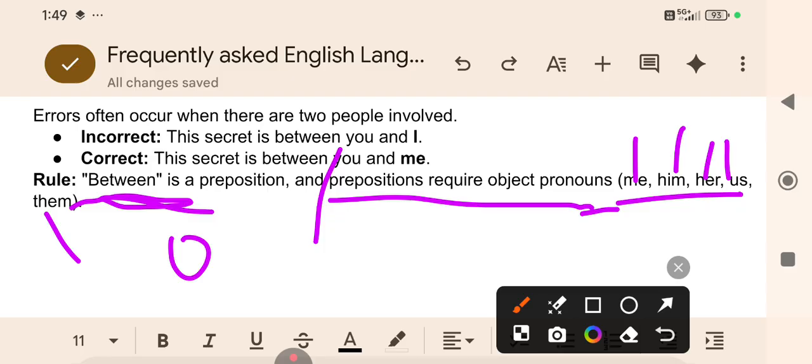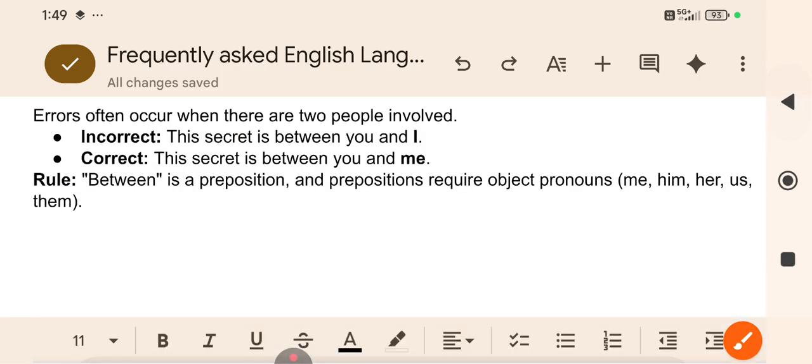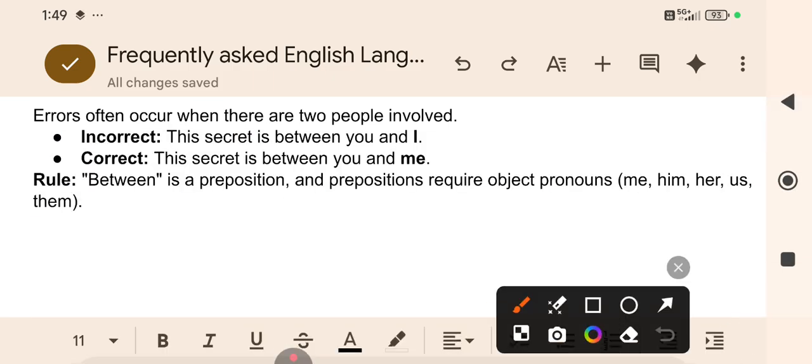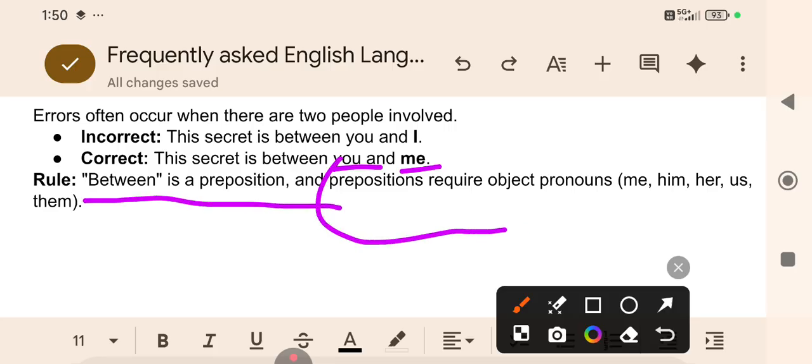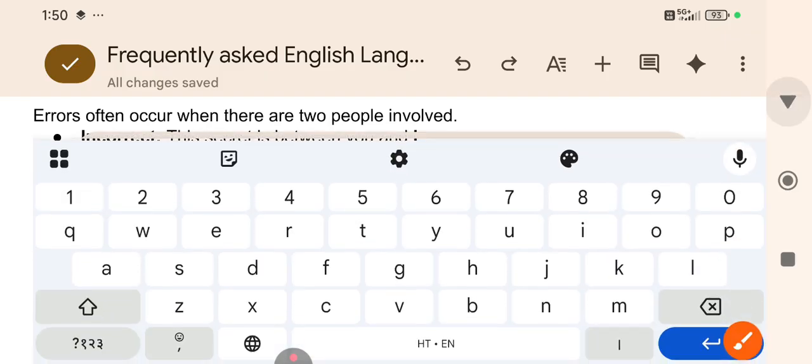First of all, let me tell you the answer: between you and me. So this is the rule: after a preposition we require an objective pronoun. So what are the objective pronouns? I'm telling you.